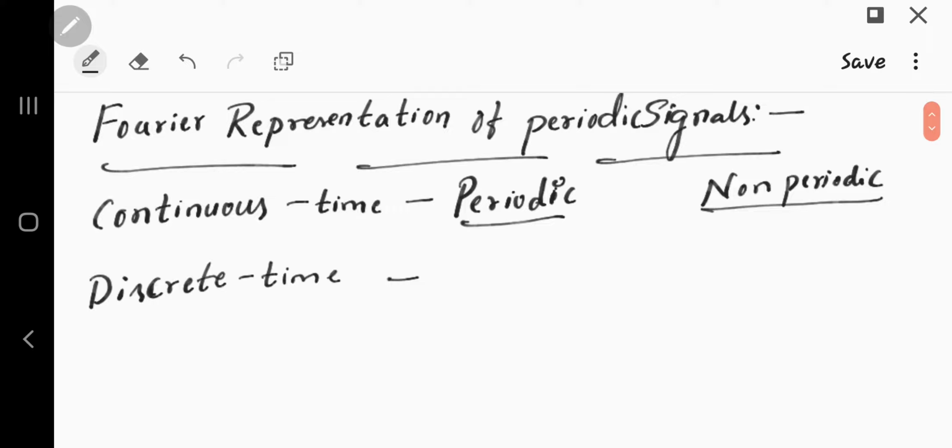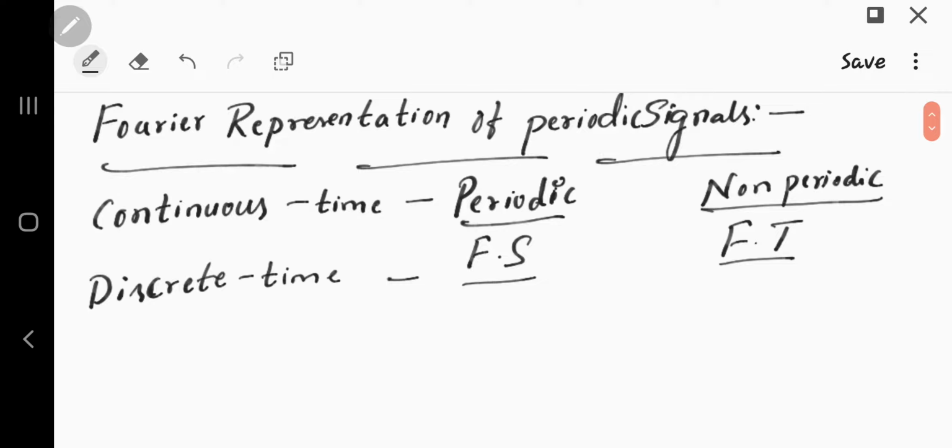Now for periodic signals, we use Fourier series, and for non-periodic signals, we use Fourier transform. I am writing the short form of that. So Fourier series is for periodic signals, Fourier transform is for non-periodic signals.